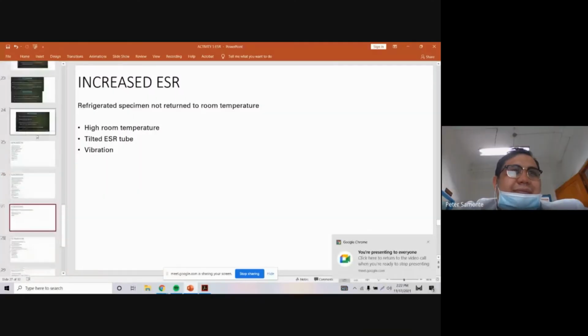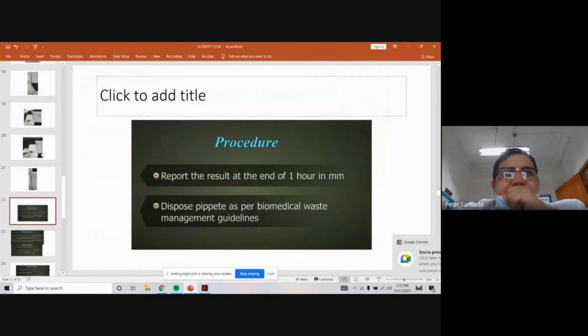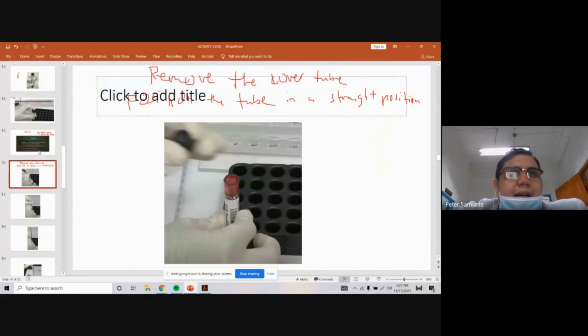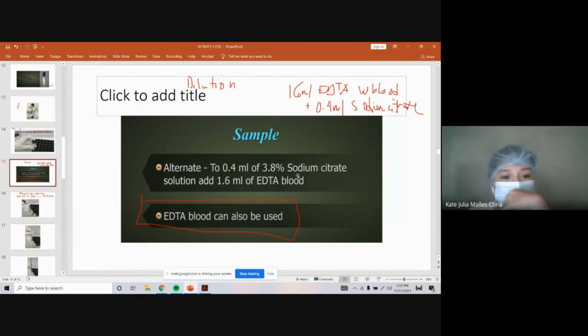Follow mo tong excuse me. Sundin mo to, course. 0.4 ml ng 3.8 sodium citrate, tapos 1.6 ml of whole blood. Opo. Thank you, sir.